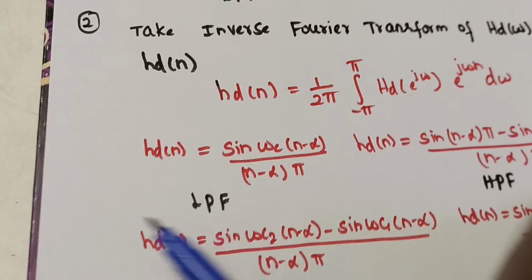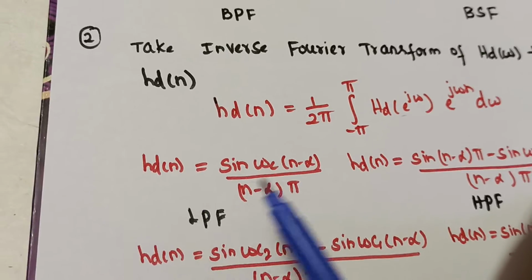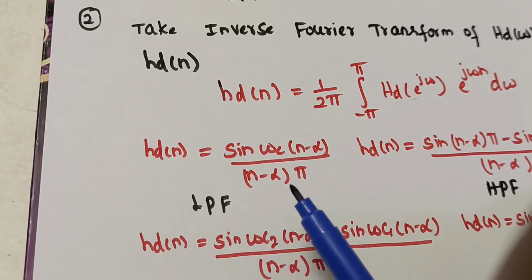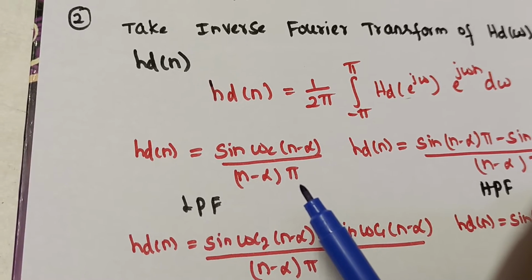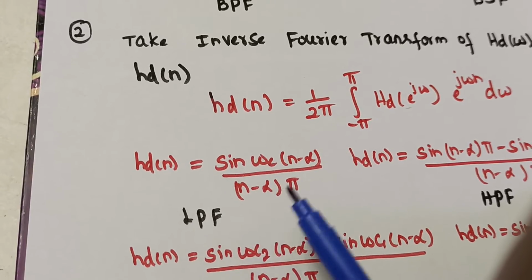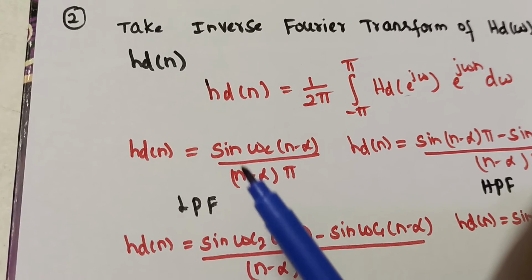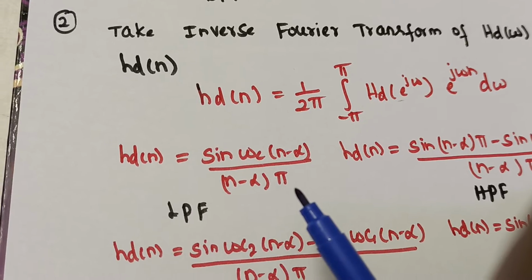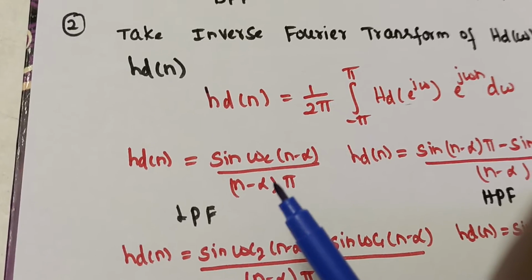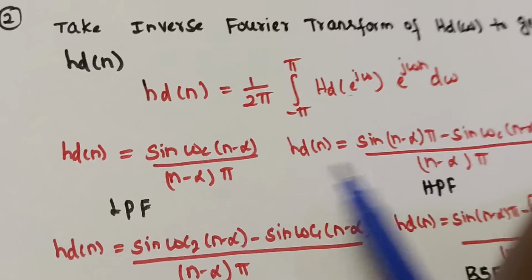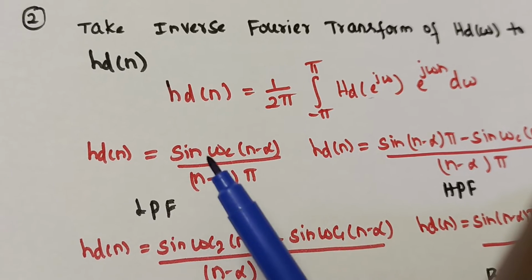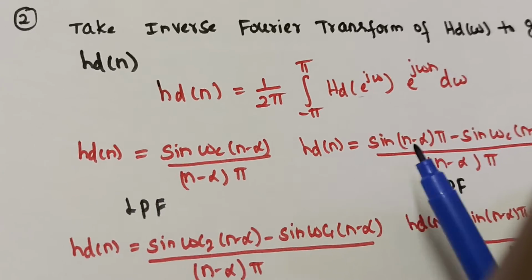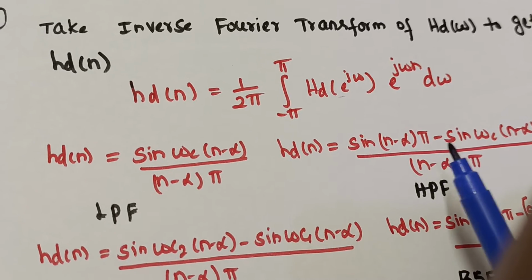For the low pass filter, hd of n is given by sin omega c times n minus alpha, divided by n minus alpha into pi. This is for a linear phase FIR filter. If you remember this, then for high pass, in front of the same term, you have to put sin n minus alpha into pi, minus.